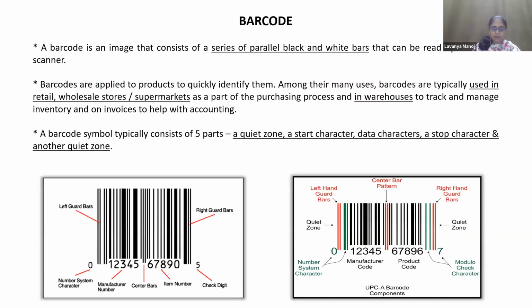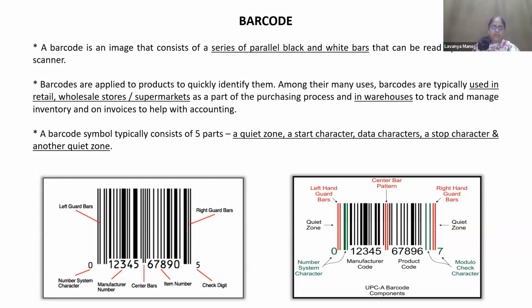So this is the barcode, and this is how it looks. It's a series of parallel black and white bars, and to read it you need a barcode scanner. Usually we call it an RFID scanner. You should have seen it in departmental stores, when you check out at the billing point, that is the point of sale.